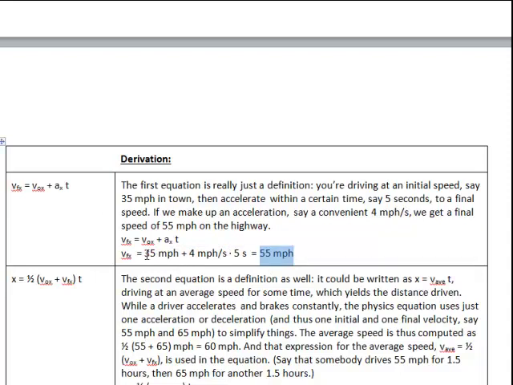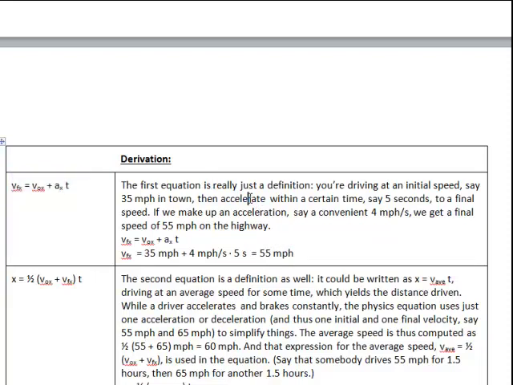Again, it's a very familiar scenario. You're driving at 35 miles an hour, you accelerate for a certain amount of time, and you come up with a final speed, and that's all this equation here actually means. And then of course you can algebraically turn it around as well.